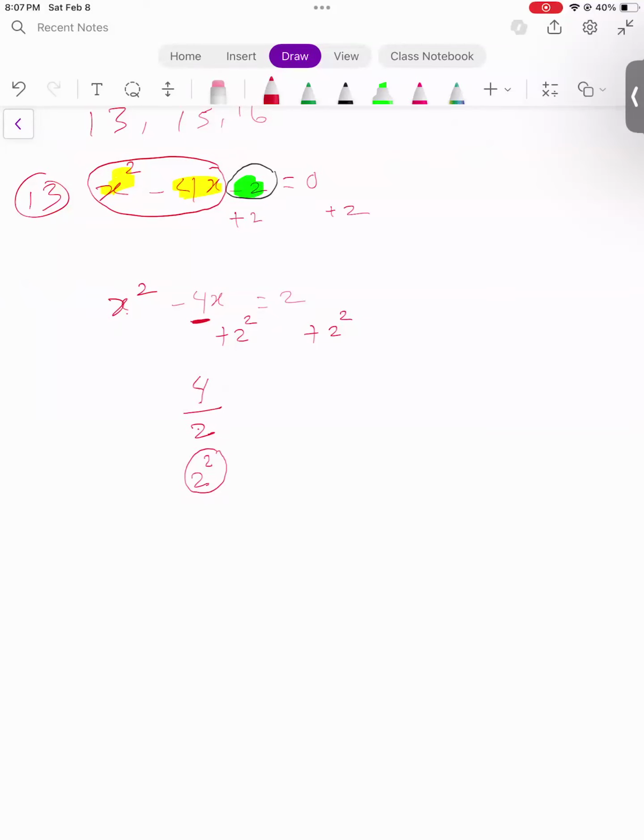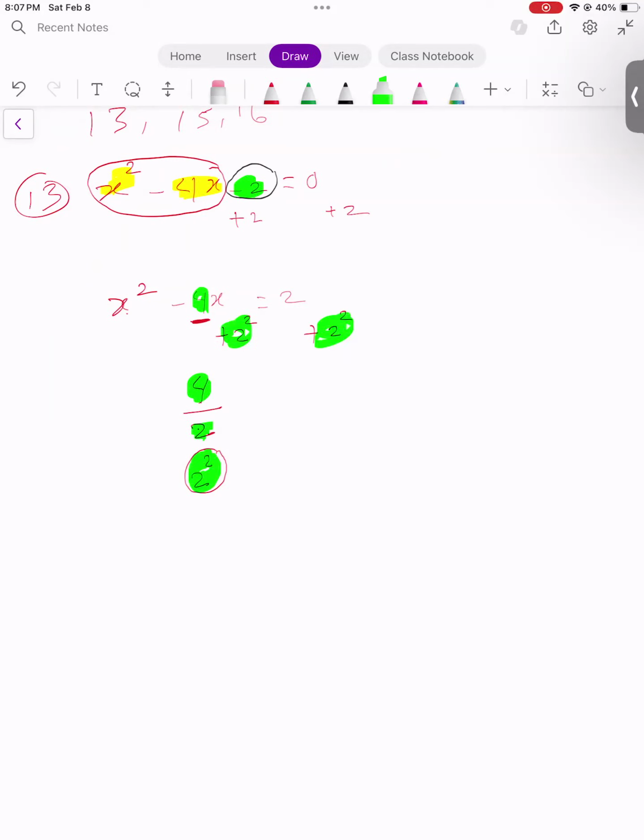Okay, you take the coefficient of x, which is 4. For every coefficient, you divide by 2. 4 divided by 2, we get 2. You square that number, we get 2 square. You are adding this number on both sides of the equation.